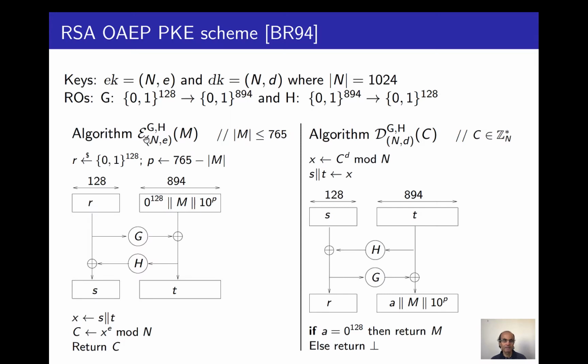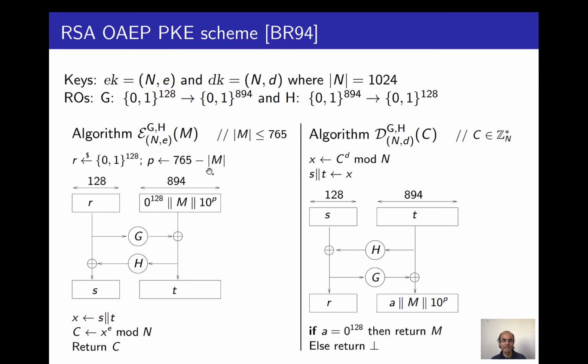How do we encrypt? We are given a message M whose length is assumed to not be too big. It's somewhat short of the modulus length. And we have the public key and our two random oracles. There is, of course, some randomization. You can't achieve IND-CPA or CCA security without it. So here we pick a random 128-bit string, and then we define an integer which we will use for padding.